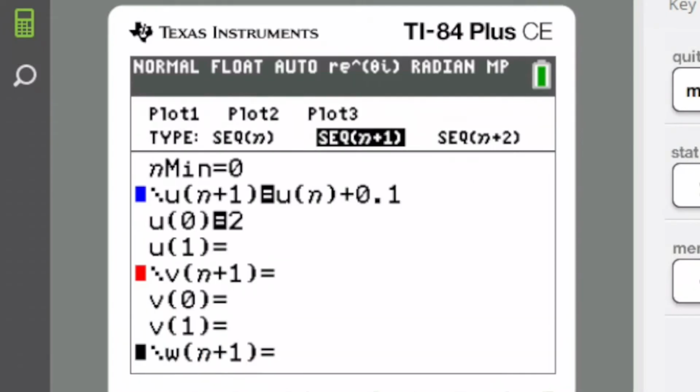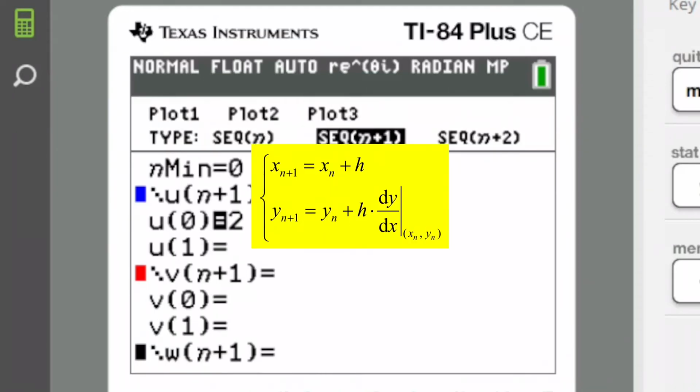Usually, we just need to input one initial value of x, so we can skip u bracket 1, and then we go to v bracket n plus 1. Then we check the system again. The second equation is yn plus 1 equals yn plus the step length 0.1 times the derivative dy over dx at xn, yn.